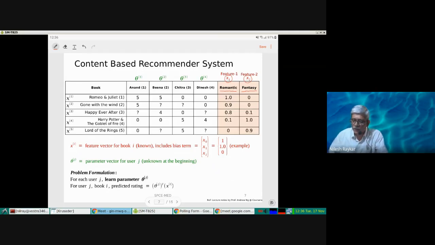Having considered the features as x1 and x2, we add one more artificial feature that we learned from the neural network, known as the bias feature. That feature will have the value x0. So for any book, there will be two features which characterize that particular book, and x0 is known as a bias feature.